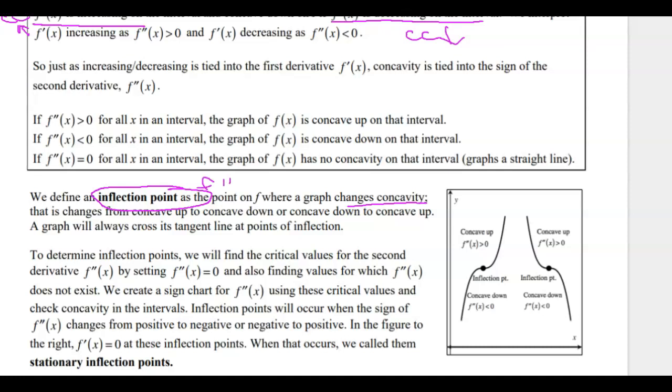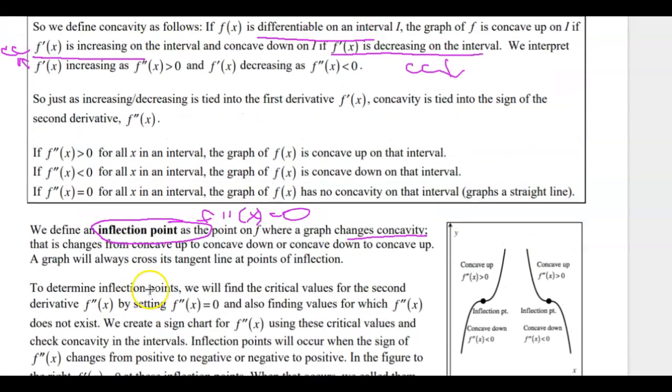So we're going to know that our second derivative has to equal 0, but it also needs to change signs. We don't call this a critical point though, okay? It's just called an inflection point.